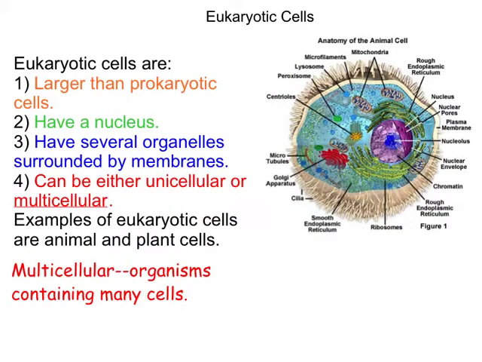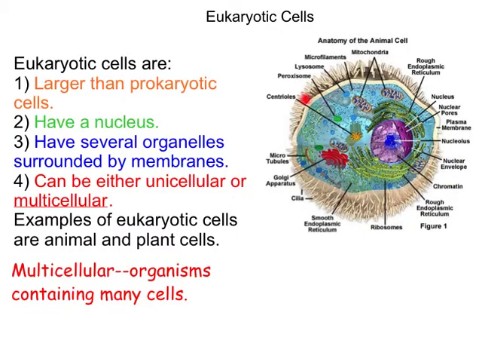On the other hand, eukaryotic cells are larger than prokaryotic cells. In fact, they're as much as 10 times larger. They do have a nucleus, as we've talked about, and they have several organelles that are surrounded by membranes.